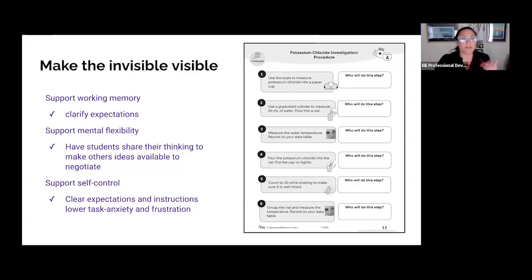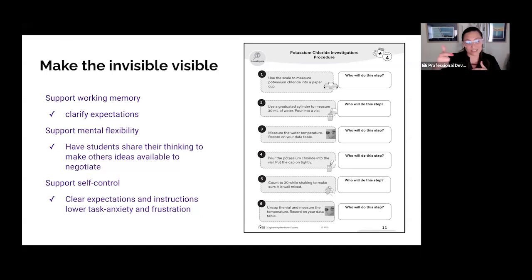So sometimes people think of that as you're overthinking it. It's like, well, no, I've learned along the way that I need to know these details in order to have all of these pieces in place to write a good argument. We're supporting mental flexibility by having students share their thinking and make others' ideas available to negotiate.